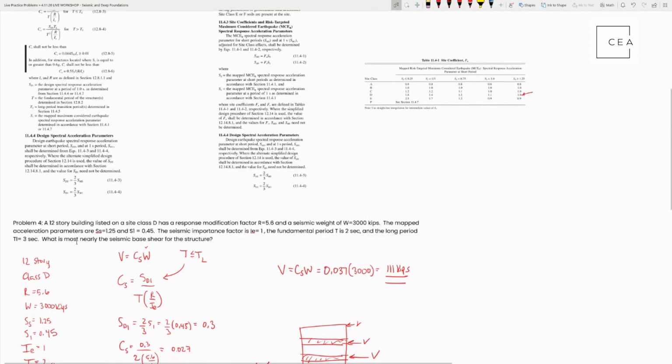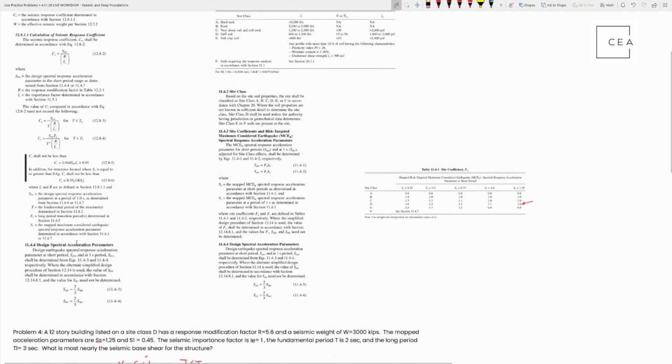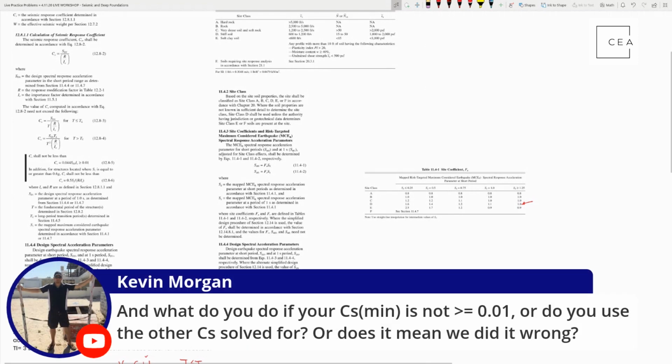Do you have any questions on this one? Looks like we've got one here, Isaac. It says, what do you do if your CS min is not greater than or equal to 0.01? Or do you use the other CS solved for? Or does it mean we did it wrong?